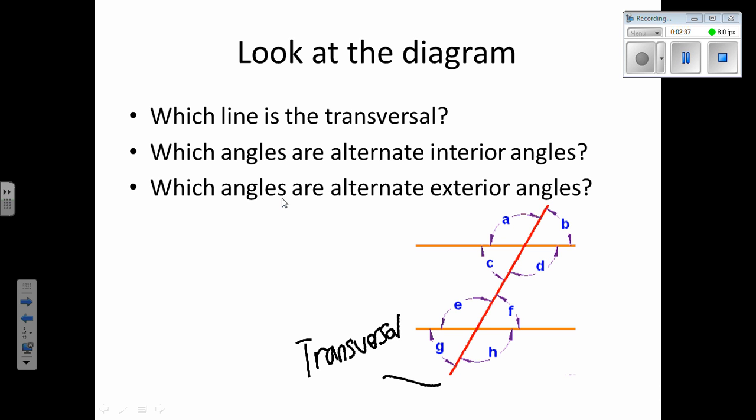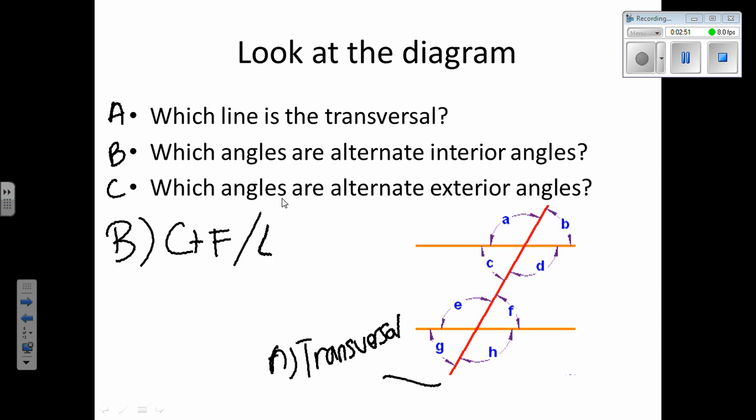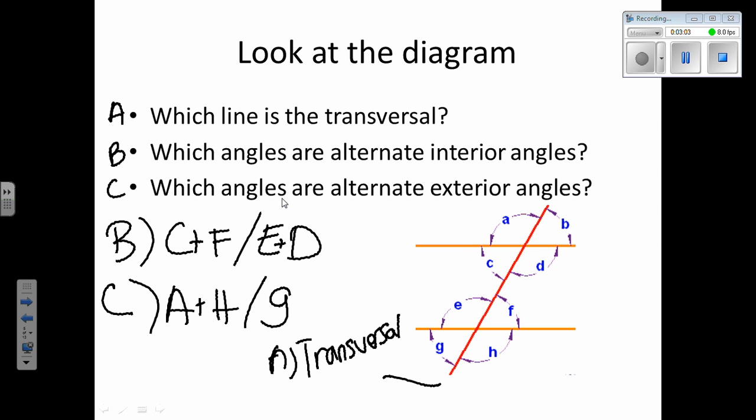Well, it's going to be C and F. So the angles that are alternate interior angles are going to be C and F and E and D, and the angles that are exterior are going to be A and H and B and G.